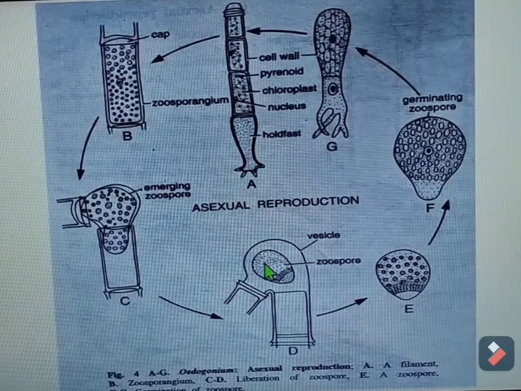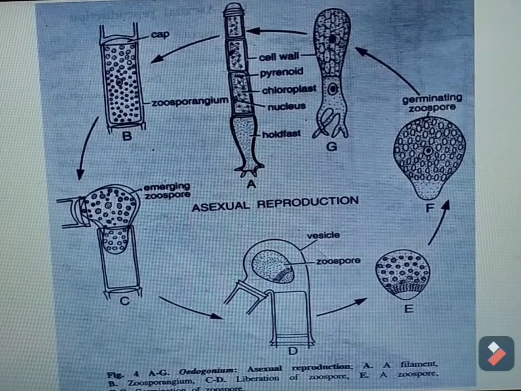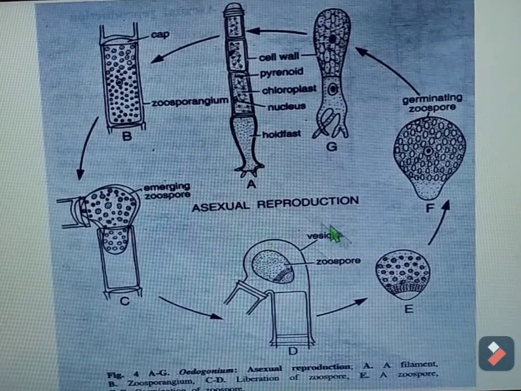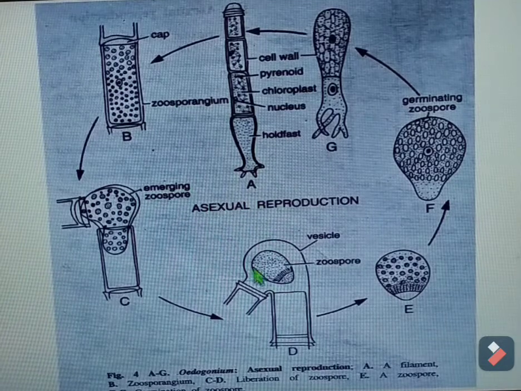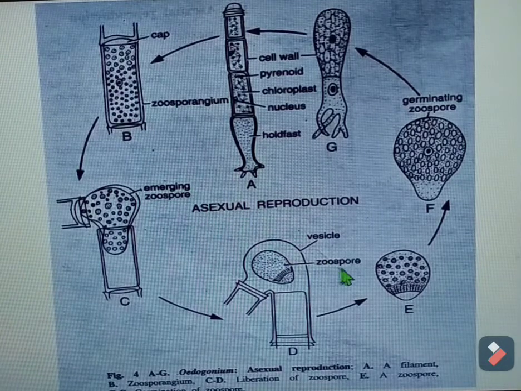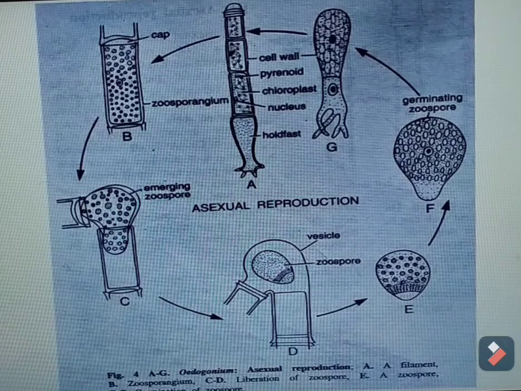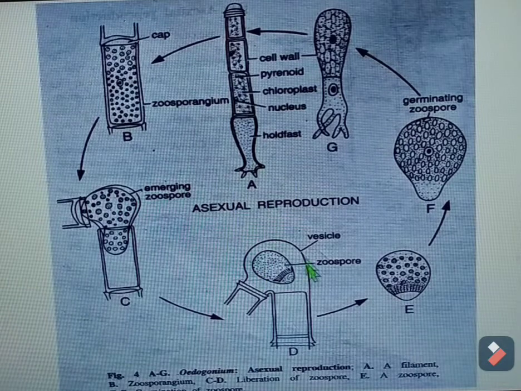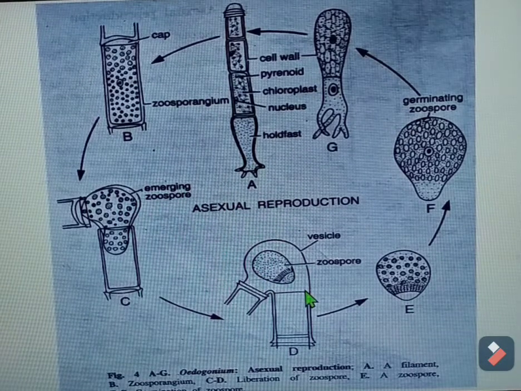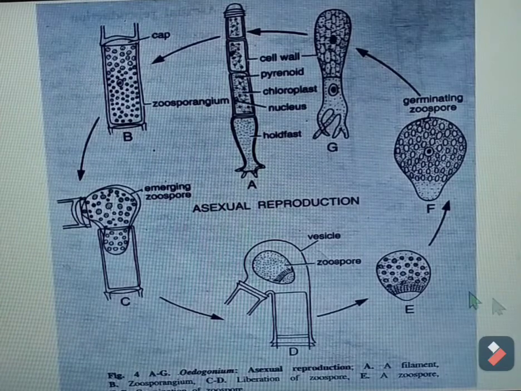These zoospores, as we know, are spores which are capable of swimming by means of flagella. As you can see in this figure, the zoospores usually form singly. Only a single zoospore is formed within a cell.